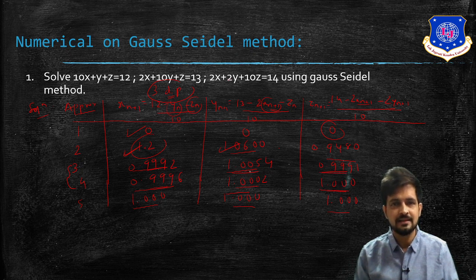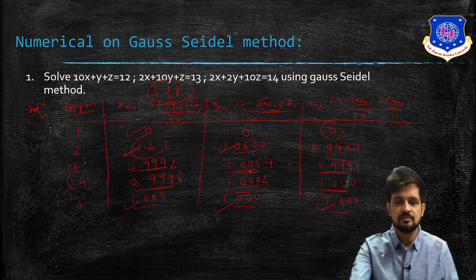But in this case nothing is asked, so we are stopping here because we have got the same solution. If you are not getting the same solution, then you have to solve till 5 to 6 iterations and then write the answer.